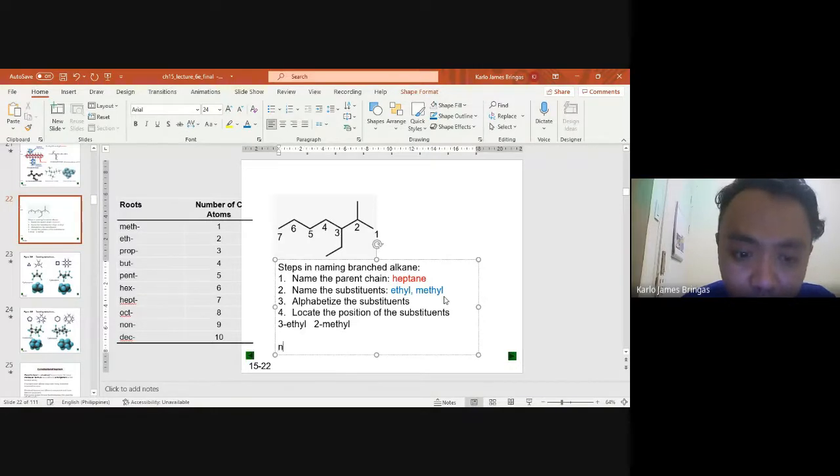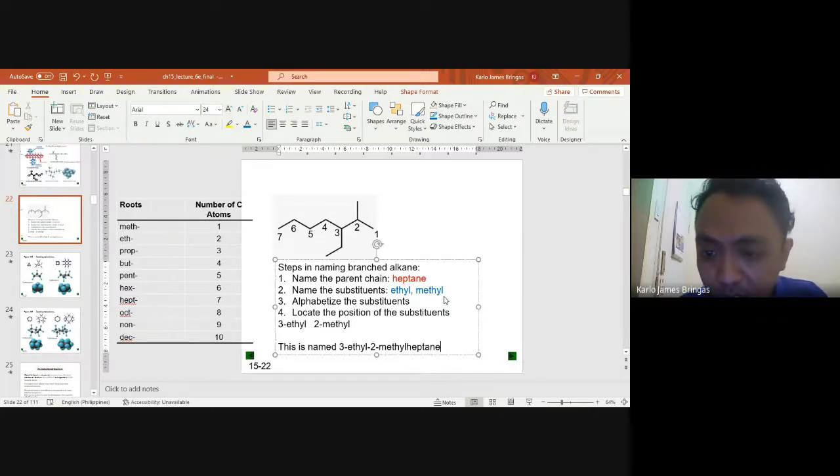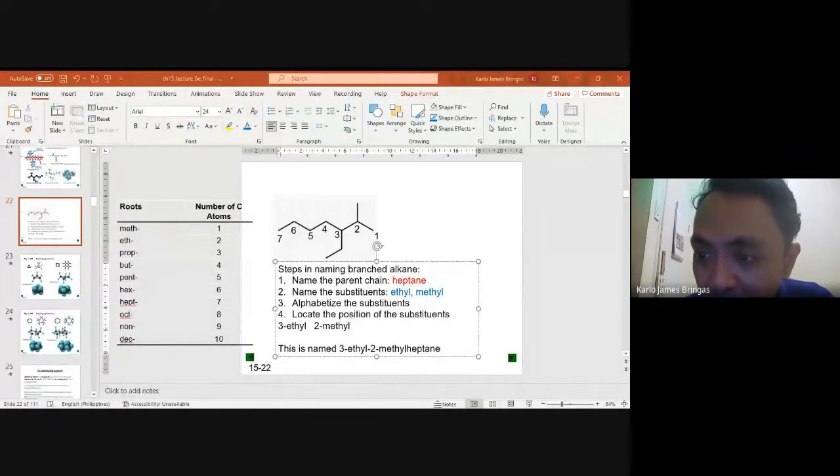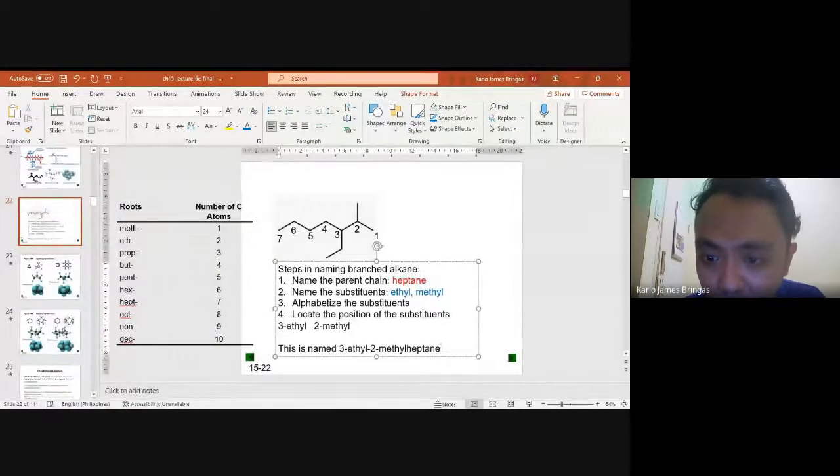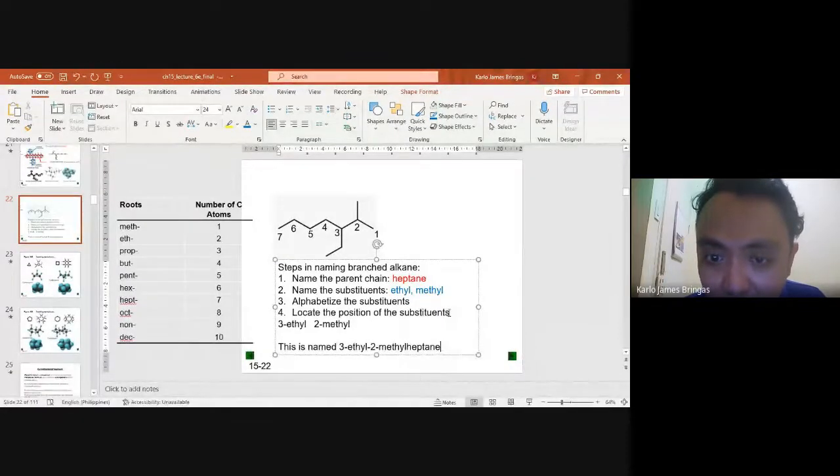So the name of this one is 3-ethyl 2-methyl heptane. Yung answer ni John earlier is already correct. Okay, so these are the 4 steps that we observe in naming the branch alkanes.